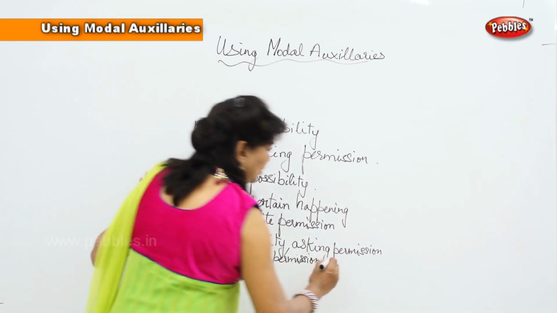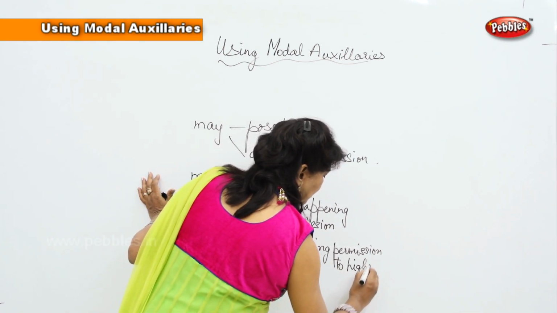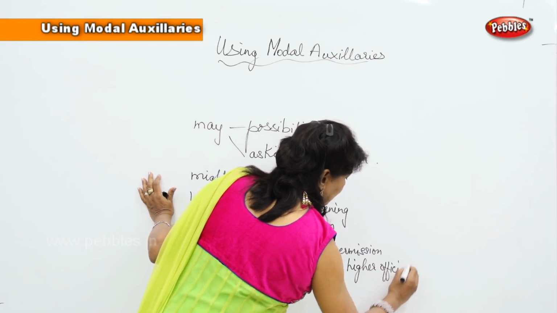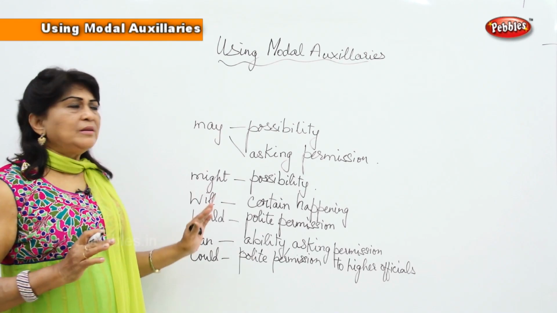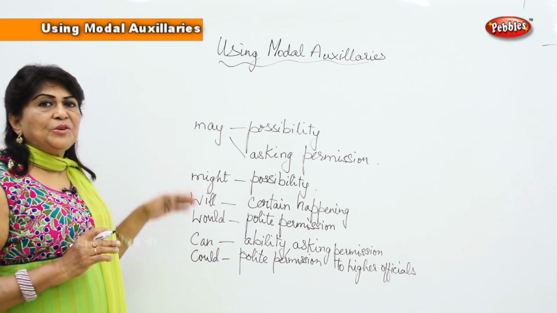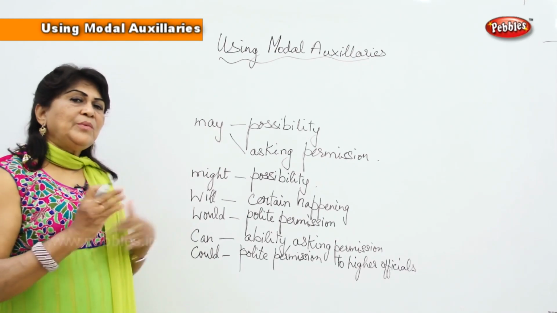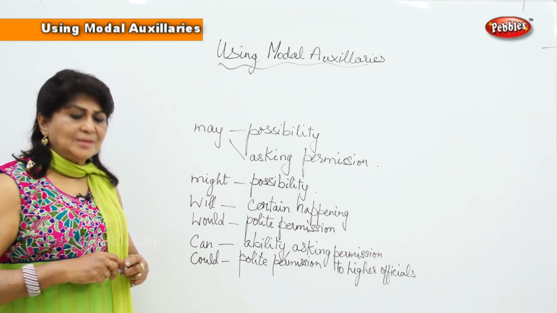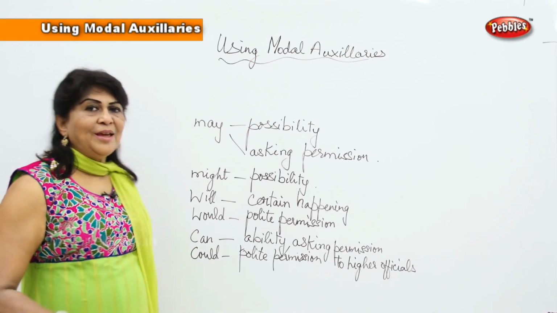Polite permission to higher officials. So these are the general modal auxiliaries we are going to use now in dialogues, and let us see how we are using it. Then we will go to quasi-modal auxiliaries, because these are very general ones that we use, and how to use it you should know.